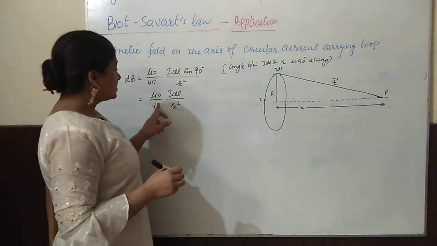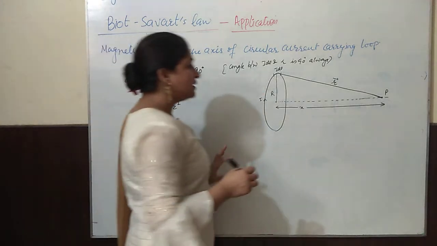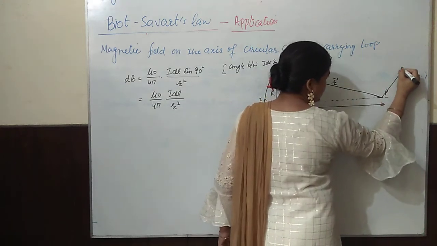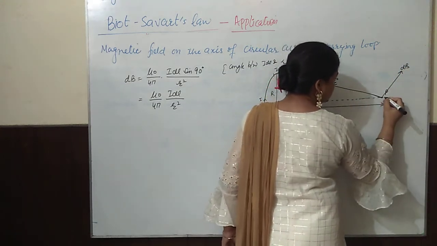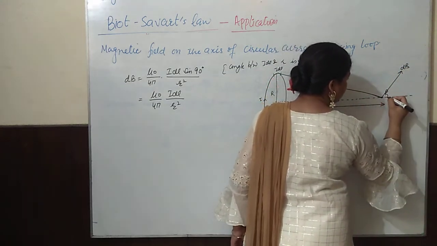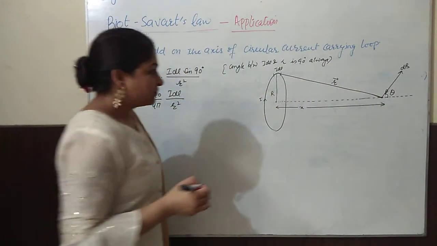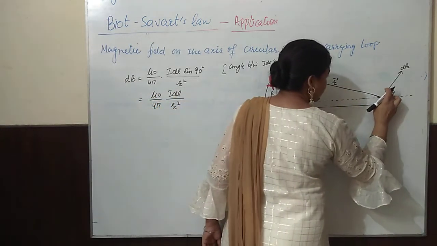Now, this is the magnetic field due to this current element. Let us consider this magnetic field dB is in any arbitrary direction, and it is making an angle theta with the axis of the loop.